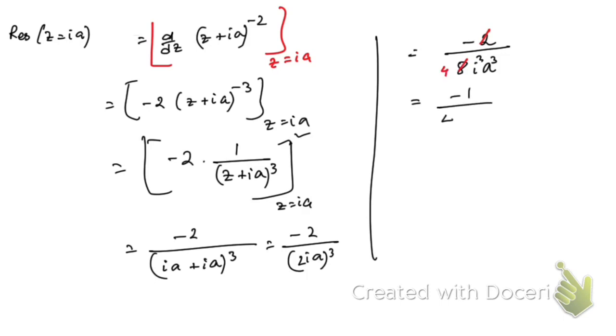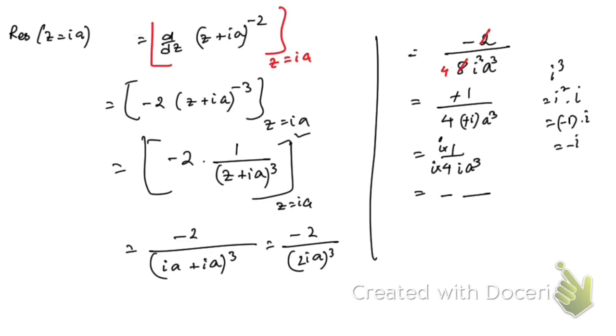That's going to be minus 1 by 4 i cube a cube. i cube is equal to i square into i, and i square is minus 1, so that's going to be minus i, right? So this minus cancels. What we're going to get here is 1 by 4 i a cube. Now if you multiply both the numerator and denominator by i, then it's going to be minus i by 4a cube, right?